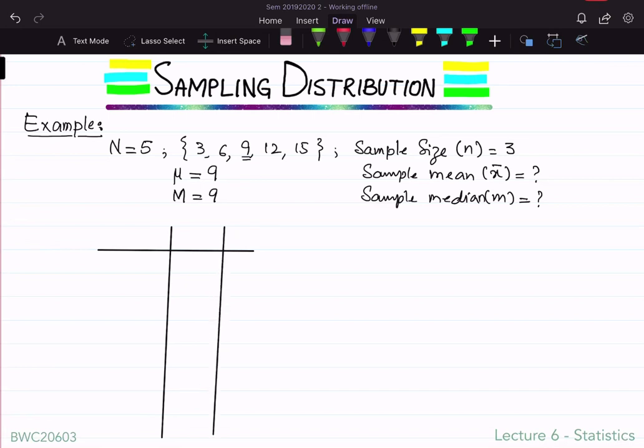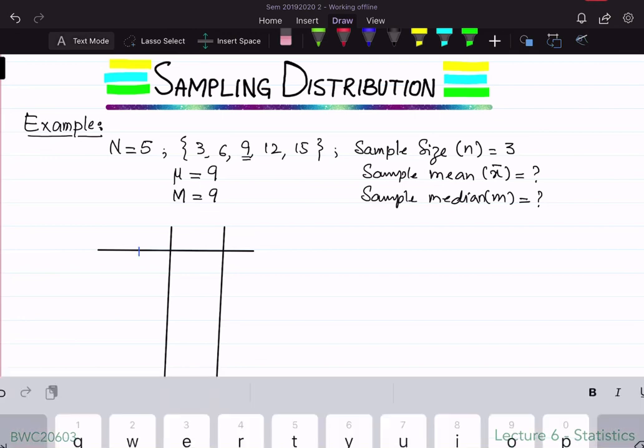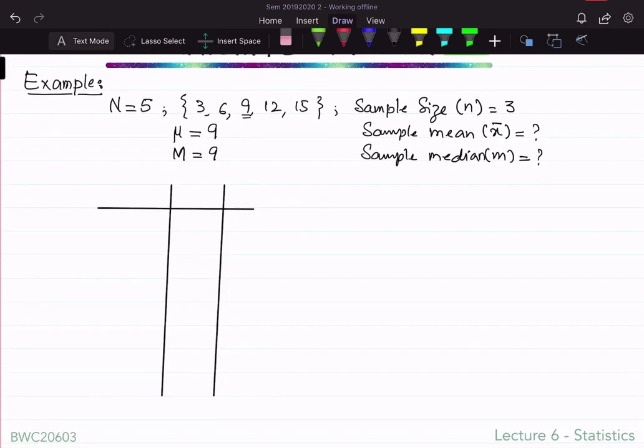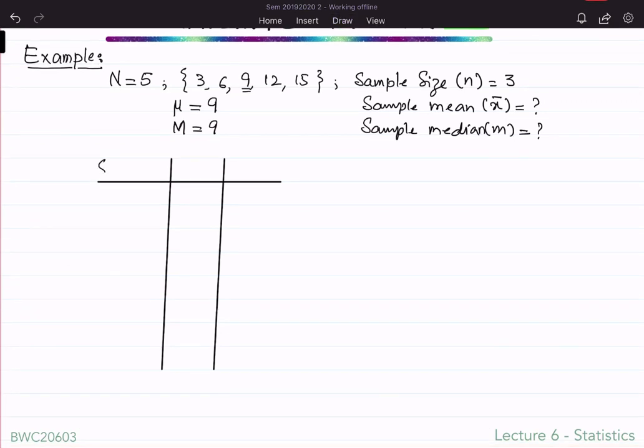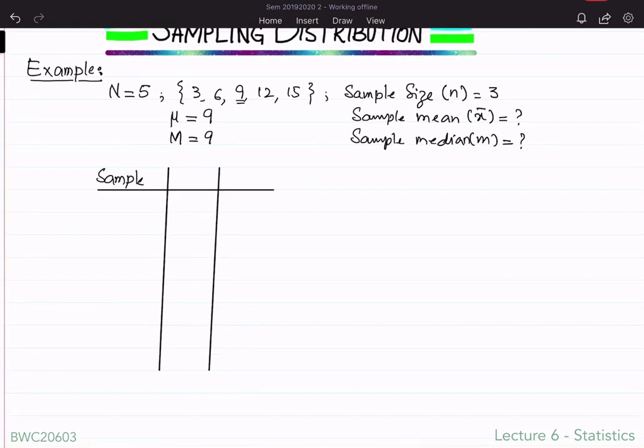This is for the median. Here it will be sample, here it will be x bar, and here it will be m, median.